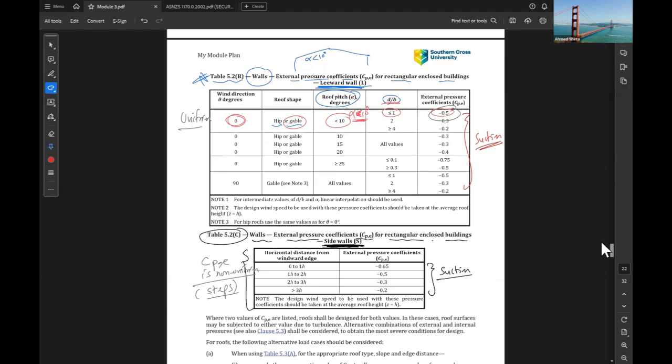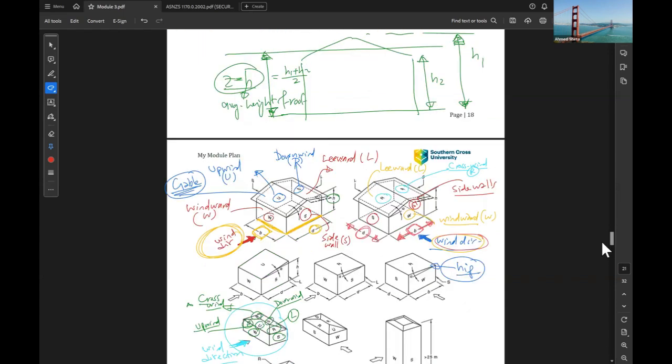If we go up again, this was D. If the wind is coming from this direction, D is the dimension parallel to the wind direction, perpendicular to the width of the building.